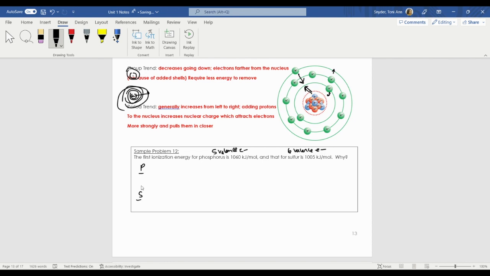So a lot of times it does help to draw that orbital notation. So phosphorus is in the 3rd energy shell, as is sulfur. So I'm going to write 3s, 3p, 3s, 3p. Just like we were doing before.